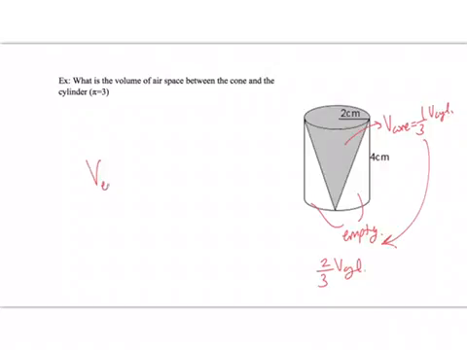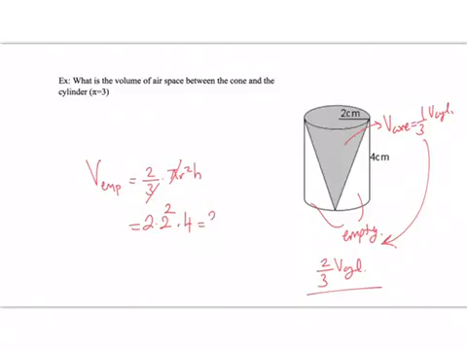So the empty part is equal to 2 over 3 times the volume of the cylinder, pi r squared h. So pi and 3 cancel each other, 2 times 2 to power 2 times the height 4.